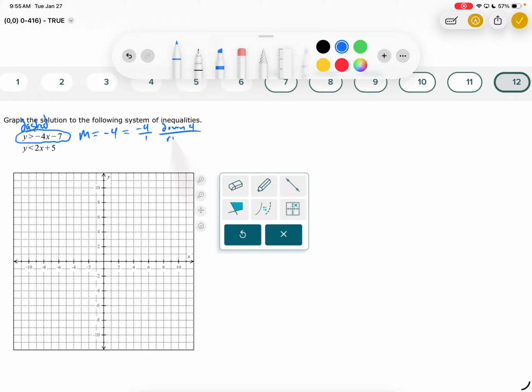So I'd go down 4 to the right 1, and my y-intercept is at -7. So I start at -7. Whoops, that's -9. -7. And then I go down 4 to the right 1. And this is going to be a dashed line.